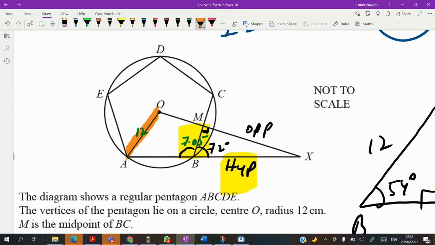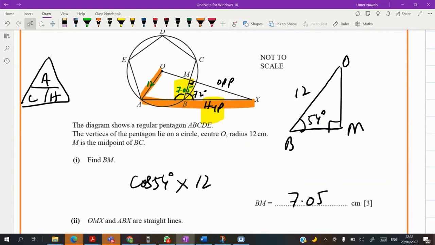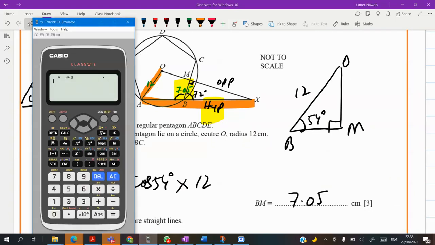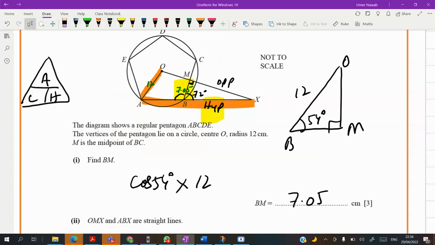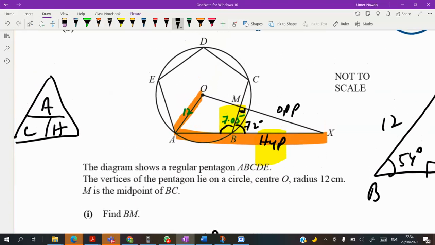This side is 12. This side we can easily find it. How? Because BC side is the same as AB side. Did we find BM? So BM, you just take the twice of that. So 7.05 times 2 will give you 14.1, the side of the pentagon. Every side is 14.1.